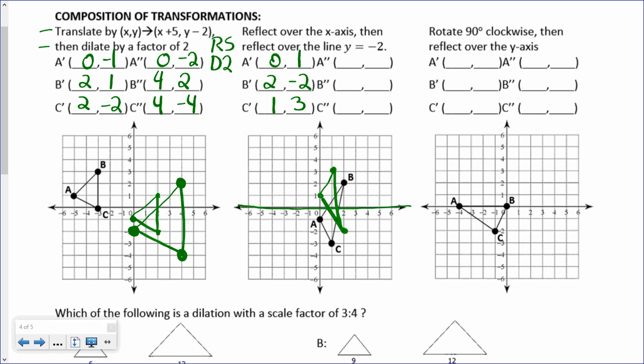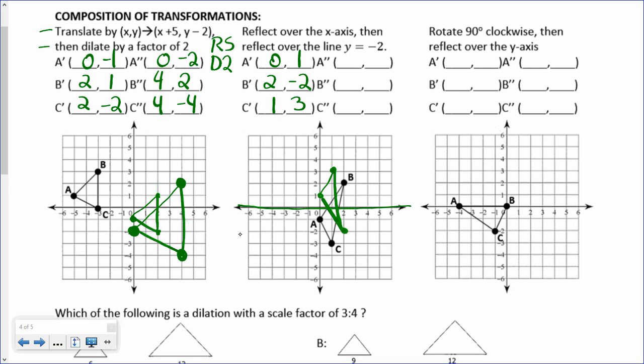Our next reflection is going to be over the line y equals -2. What would that look like? It's going to be horizontal. If it's going to slice through the y-axis, it has to be horizontal.